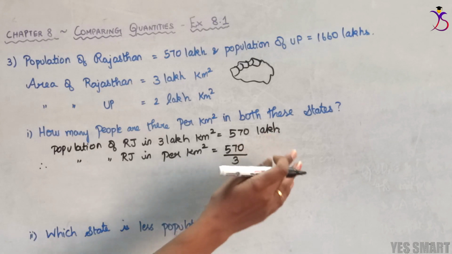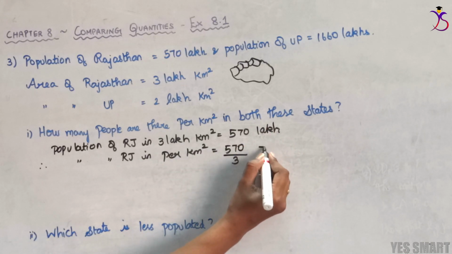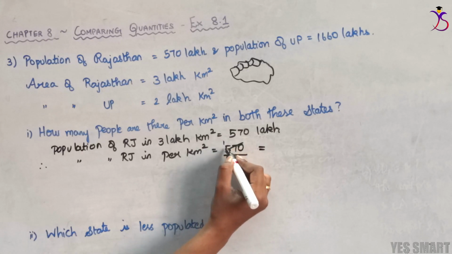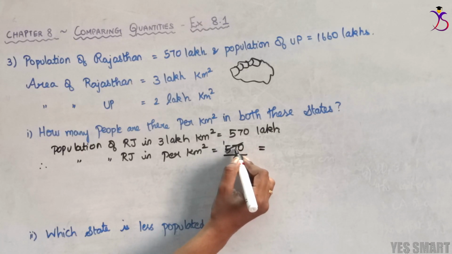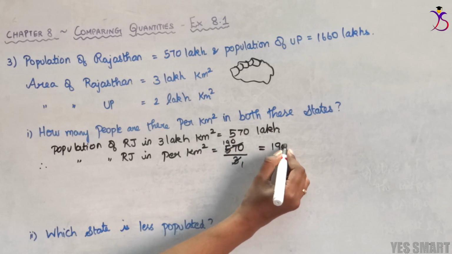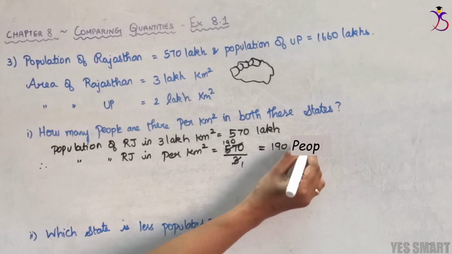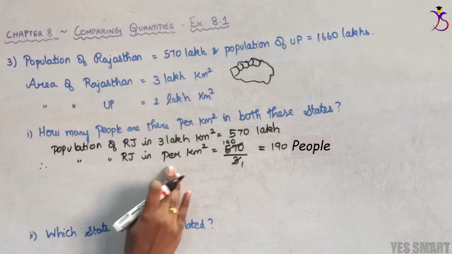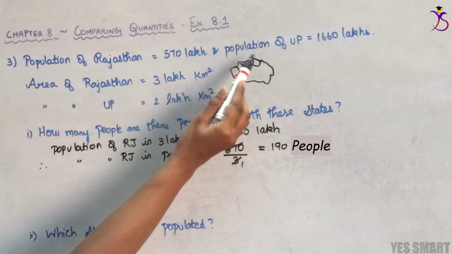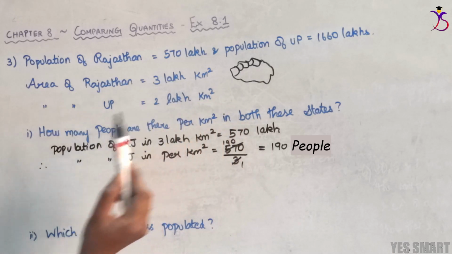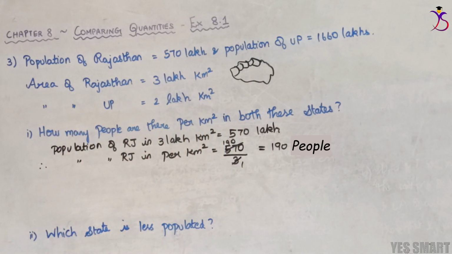So let's divide. 570 divided by 3. 3 ones are 3. We have 2 here. 3 nines are 27 and 0. So 190. Therefore, the unit is 190 people. So population of Rajasthan in per kilometer square is 190 people. In each kilometer square, that is 1 kilometer square, there are 190 people.